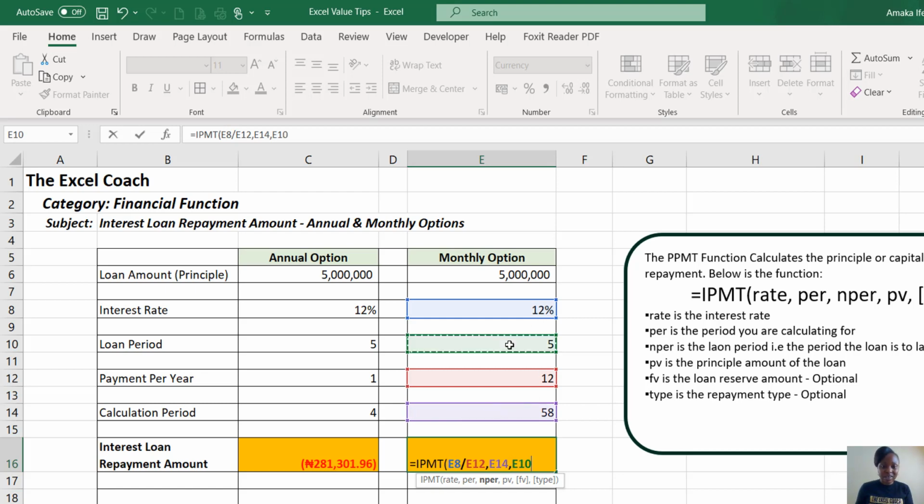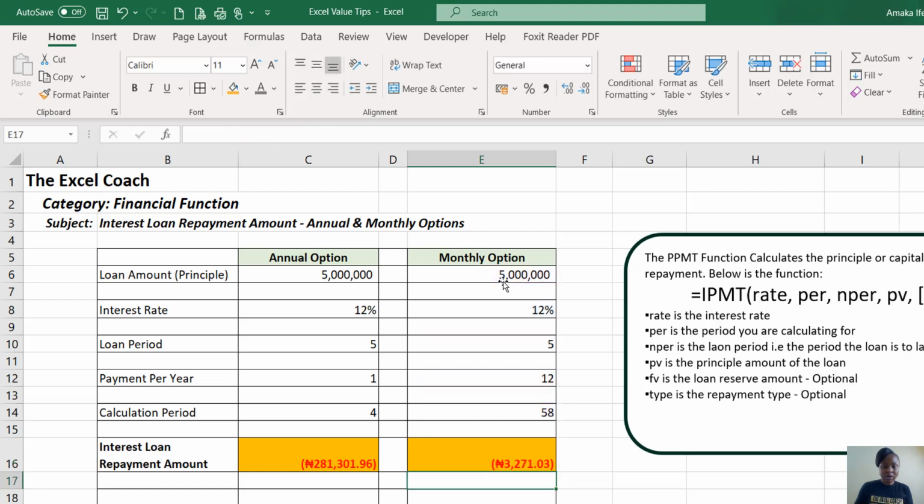The loan period is this times the number of times we are paying in a year, which is 12. And what is our present value or the principal value? This is the loan amount. So you close your brackets. So this is the interest we'll be paying in the 58th month if we are going to be paying our loan on a monthly basis.